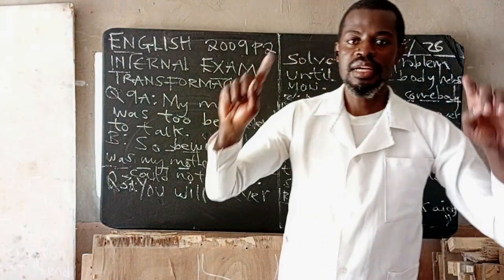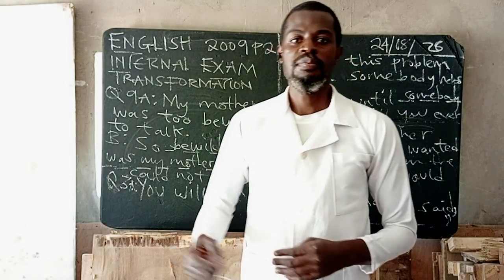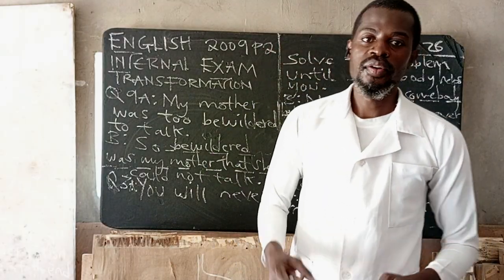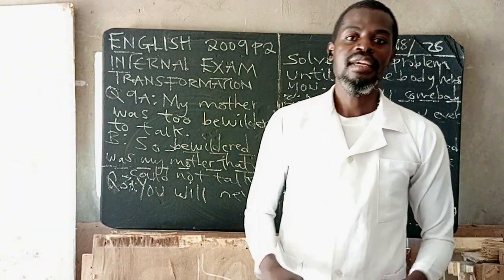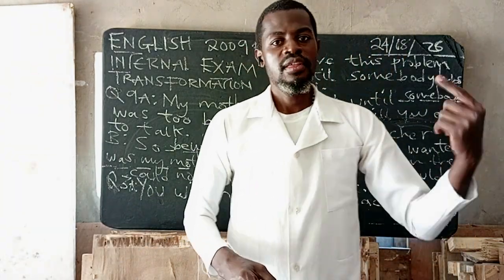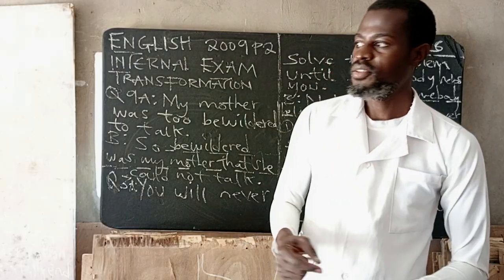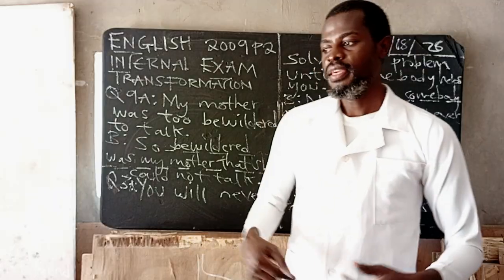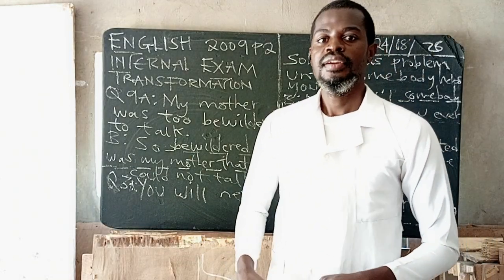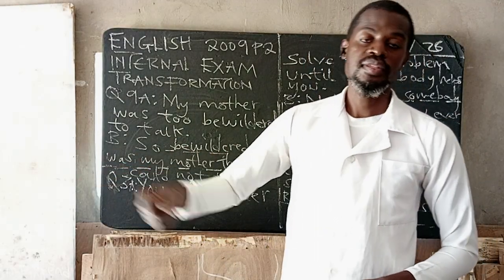Remember, direct speech always carries inverted commas. Tomorrow changes to the following day. Yesterday changes to the previous day, etc. We also have adverbs of place. Here changes to there.